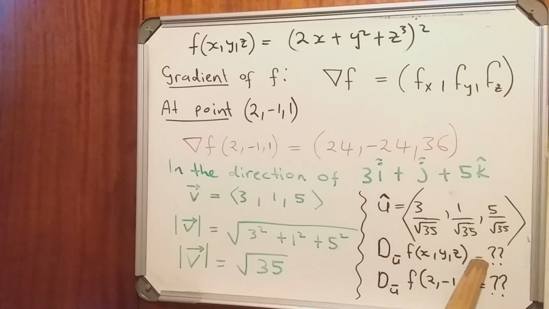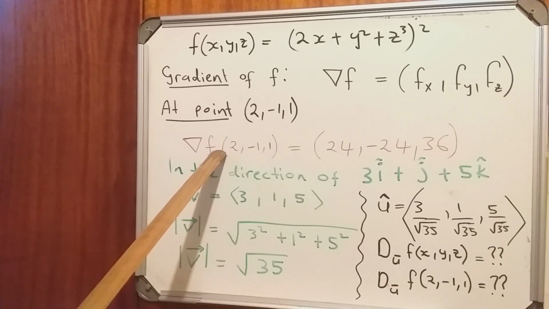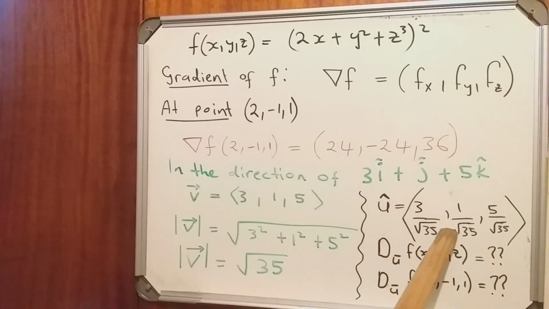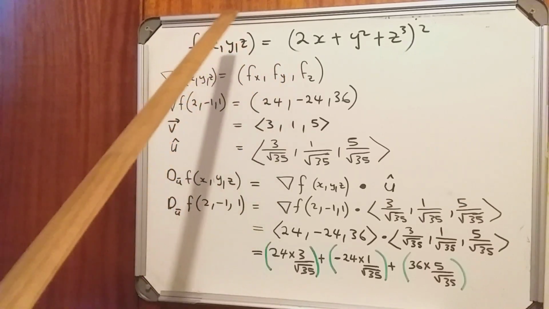So what formula are we going to use to find this answer? We are going to take the dot product of this and that. The dot product of these two will give us the directional derivative. So that is the information that we have so far.